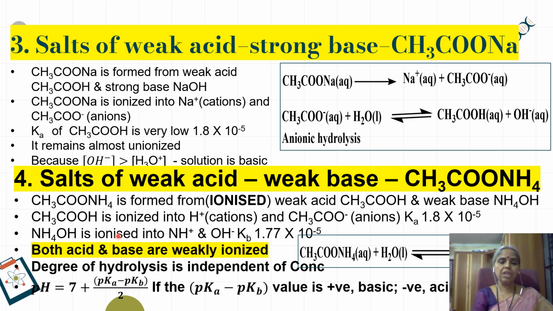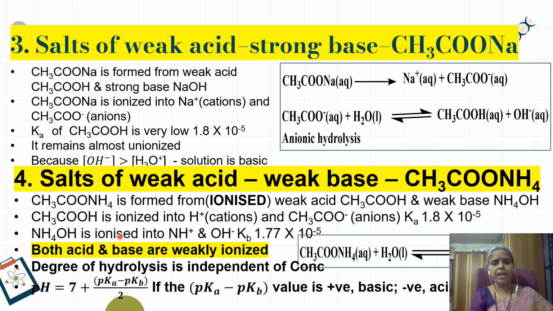Now let us go to the last case and the last part of the video, that is salts of weak acid and weak base. When the acid is weak and the base is also weak, both are weakly ionized.